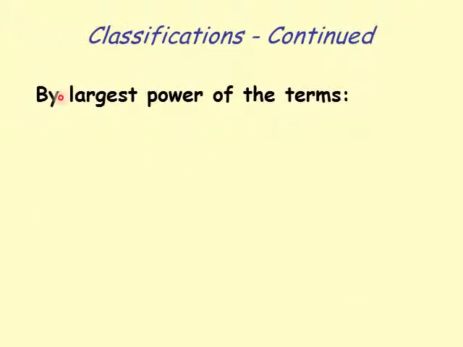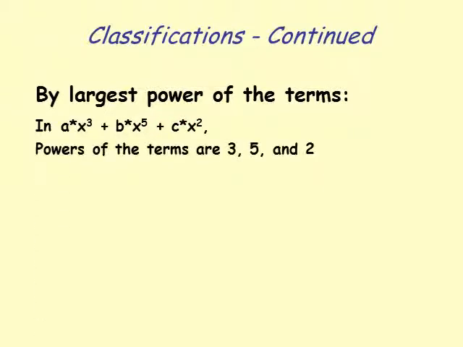We can also classify by the largest power of terms. So if in this expression a x cubed has power 3, the flag value is 3 here, and next, the monomial b times x to the 5th has a flag value of 5 for the second term, and that of the third term is 2. Let's continue.